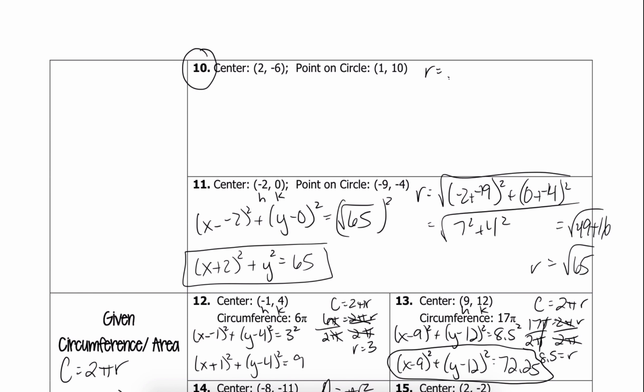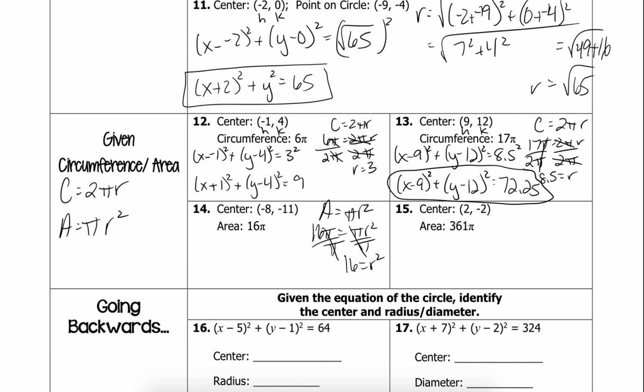So I actually don't even need to find r, because I already know r squared here. Okay, so this is going to be my h and my k. I already know r squared. And I think we're probably ready to just say minus a negative is adding. So x plus 8 squared plus y plus 11 squared equals 16. The r squared is already there.